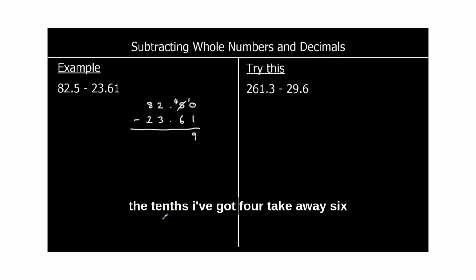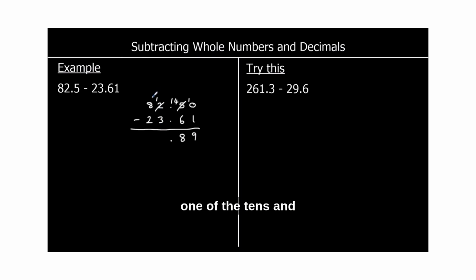Now the tenths, I've got 4 take away 6. Again, I don't want to do that. So I'm going to steal 1 of the ones, which will be worth 10 in the tenths. So 14 take away 6 is 8. The decimal point's going to stay where it is. Now the ones, 1 take away 3, I don't want to do.